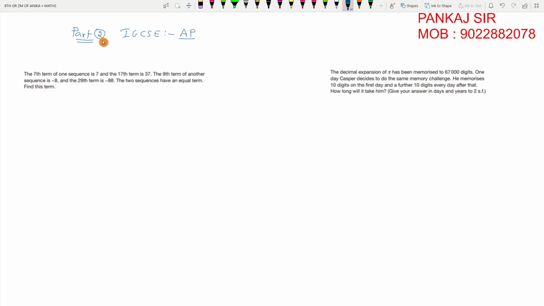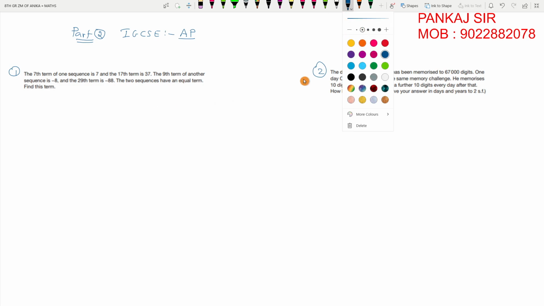In part 1, I have already discussed the concept of this AP, and in this part 2 I am going to start solving the numericals of this AP. So right now this is the first one that we are going to solve, and then the second one as well. Okay, so let us get started.